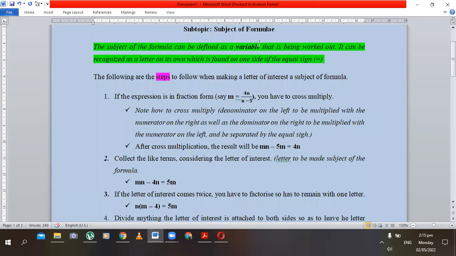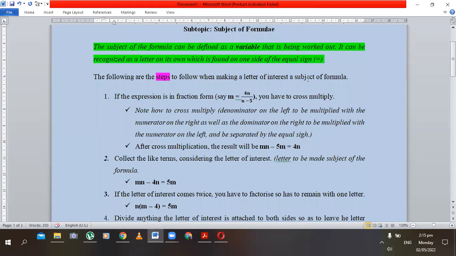You may have an equation like the one we have over here, where we said m is equal to 4n over n minus 5. In this equation, if they ask us to find the value of n, that is a variable that we are working out.